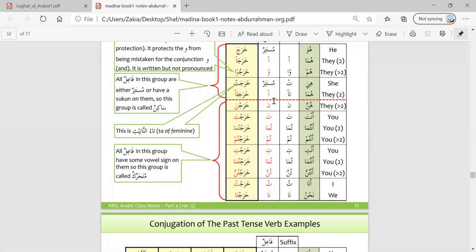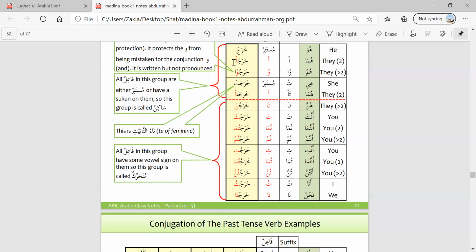has the same base verb as kharaja: kharaja, kharaju, kharajat, kharajata, kharajna, kharajta, kharajtuma, kharajtum, kharajti, kharajtuma, kharajtunna, kharajtu, kharajna. It has kharaja in it. But whenever we see these, we need to know which detached pronoun the verb is referring to.